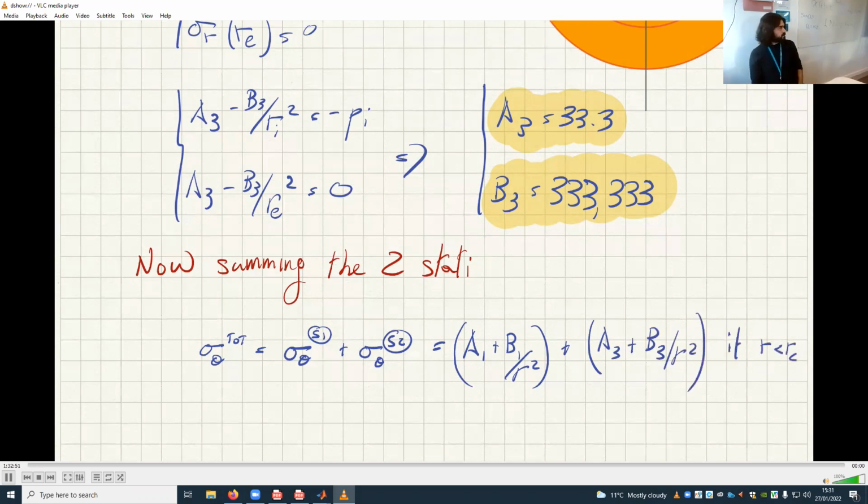Do you agree? Because if it's smaller than RC, we are using the core stress plus the A3, which is the common stress.